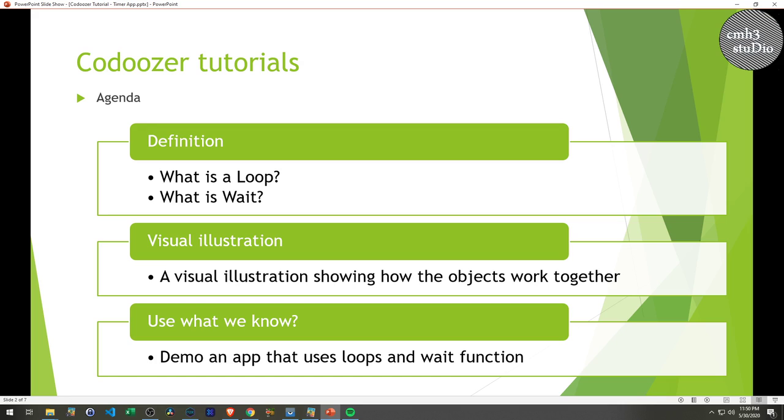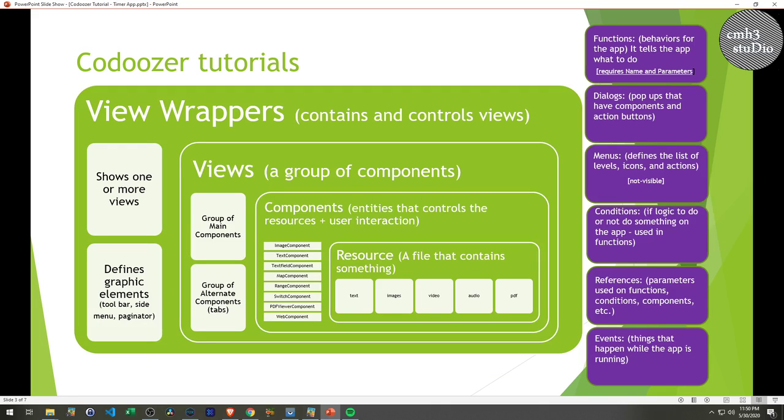Now, just as a reminder of how Codoozer is put together, you have what are called resources. That's the image files, the audio files, and today I have an audio file, an MP3 file, that I'm going to use as a resource. The components are what interact with those resources, so I'm going to use a couple of different components today.